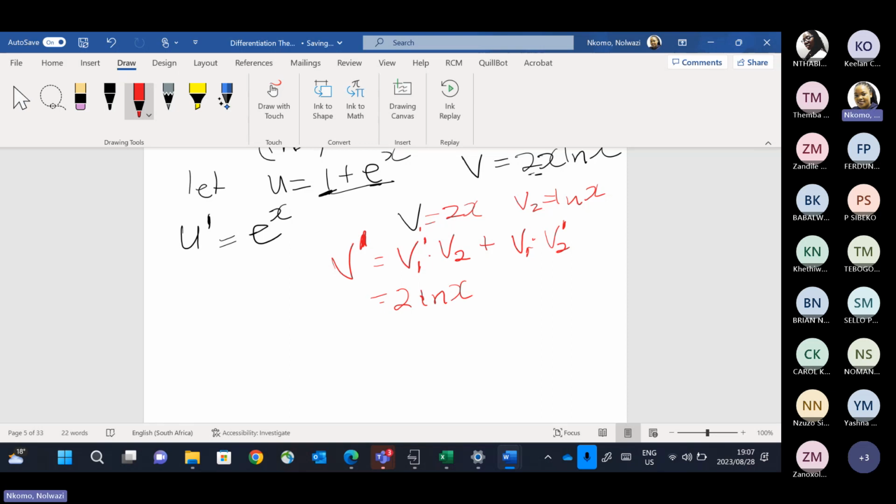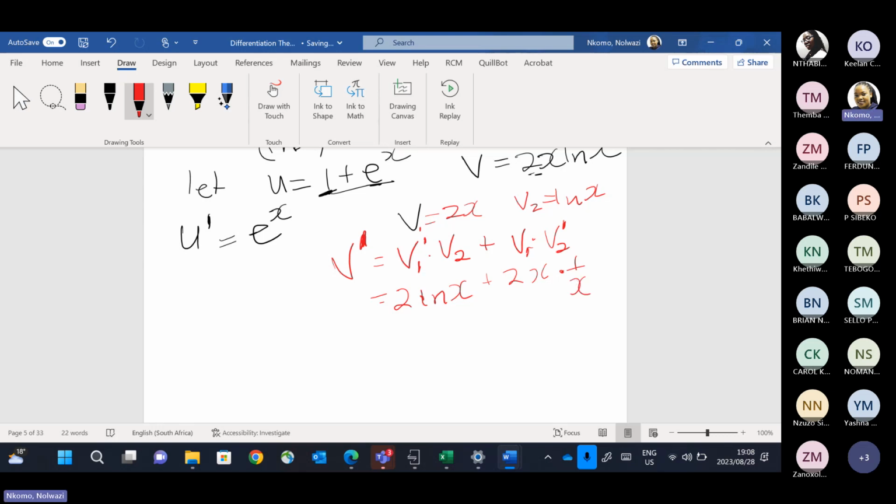And we have our v1 is 2x, so we have 2x times, if our v2 is ln x, that means our v2 prime would be 1 over x, right?